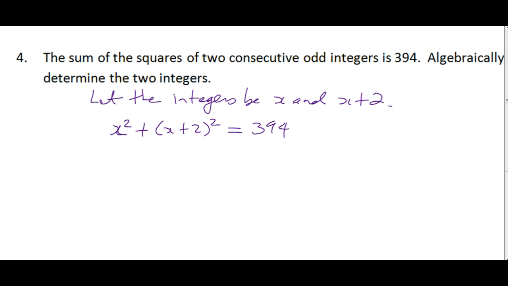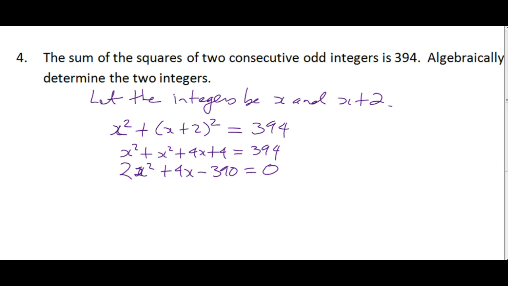So, okay, x squared plus x plus 2 squared: x squared plus 4x plus 4 is 394. 2x squared plus 4x minus 390 is equal to 0. Since it's equal to 0, we can divide everything by 2 because they're all even numbers. Gives us x squared plus 2x minus half of 390, which is 195. Two numbers multiply to 195 and differ by 2.